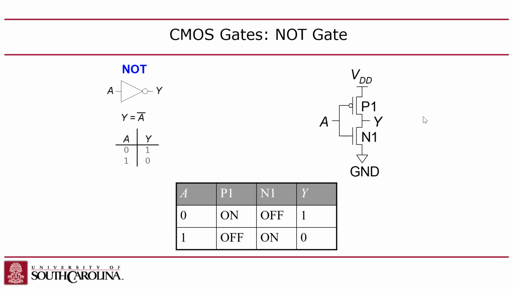But most people think of this as switches that are on or off, right? But in reality, it's a voltage divider. I turn this guy on, that guy off, or that guy on, that guy off, depending on whether the input is 0 or 1. And thus, the output will be the opposite. So that's an inverter.